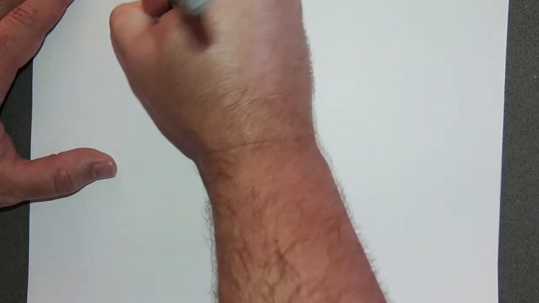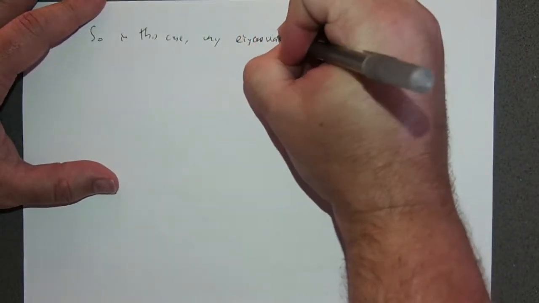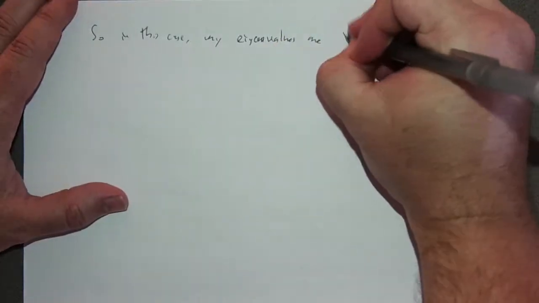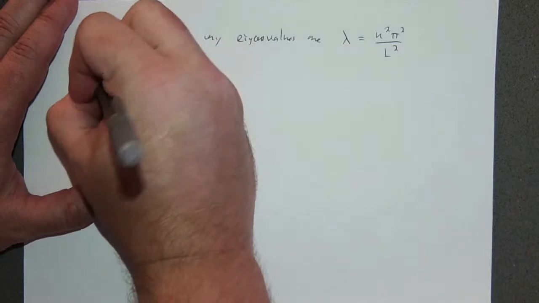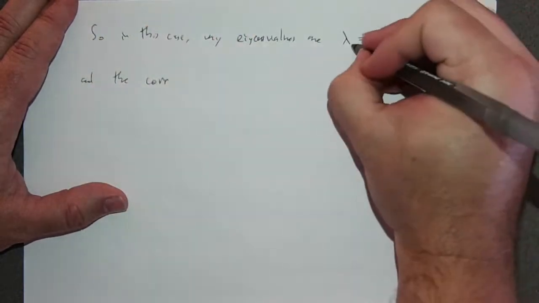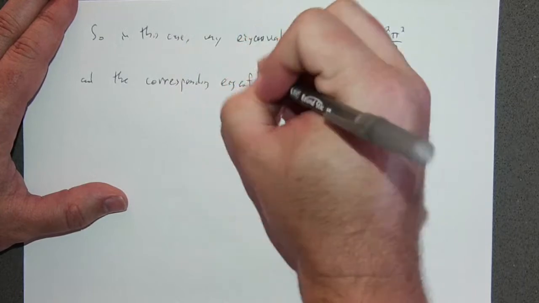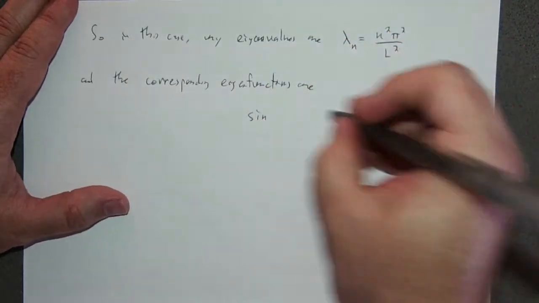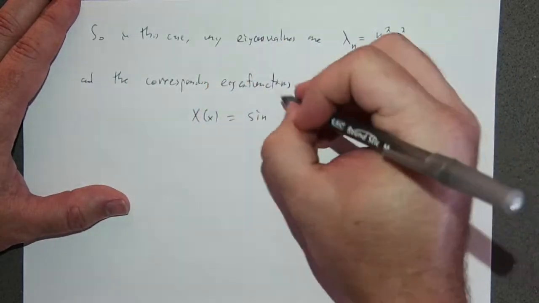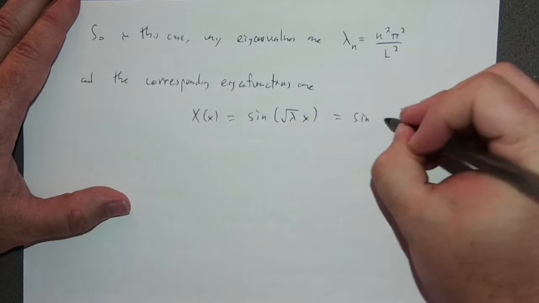And so in this case, my eigenvalues are lambda, which is n squared pi squared over L squared, where n is some integer, and I can index this with n if you like, and the corresponding eigenfunctions are sine of square root of lambda x, but square root of lambda is n pi over L.